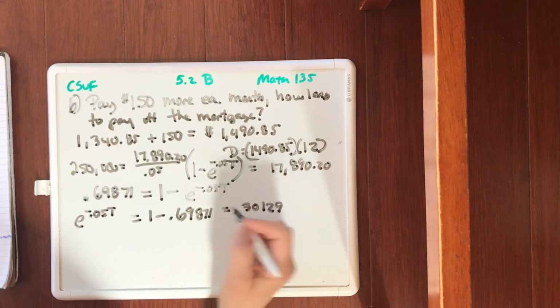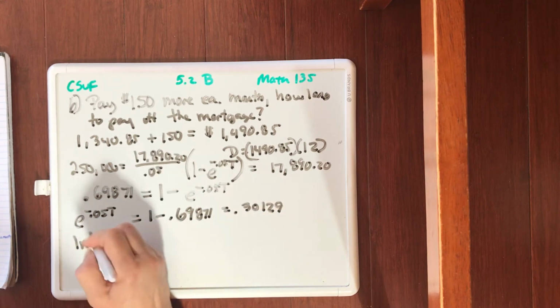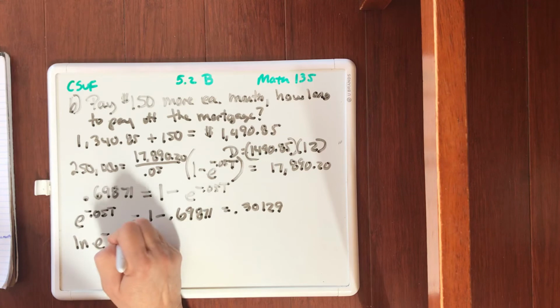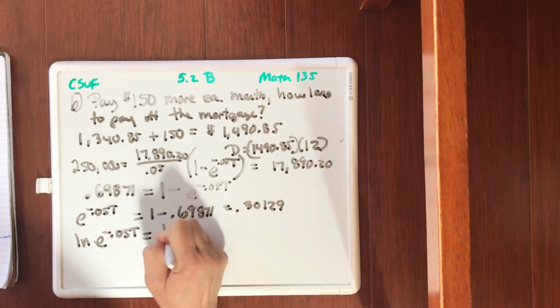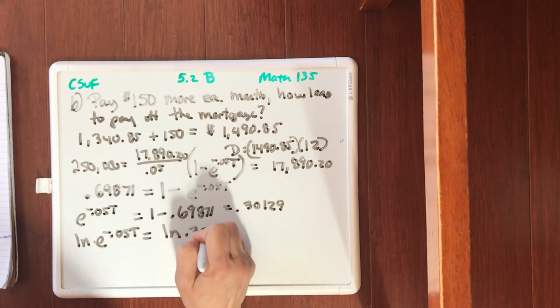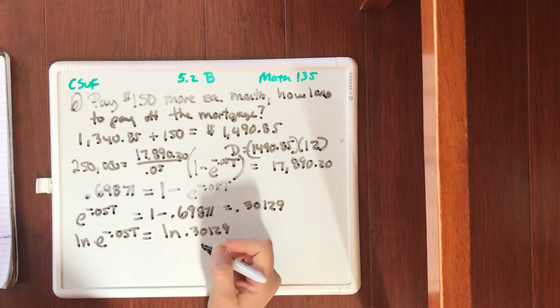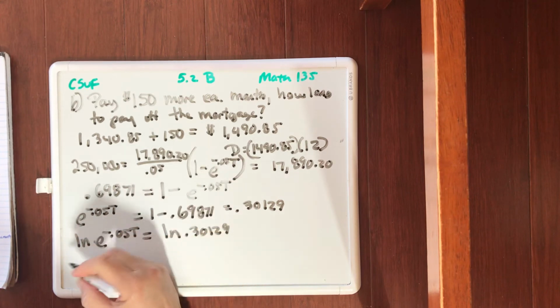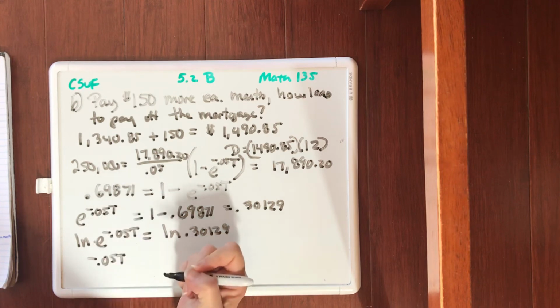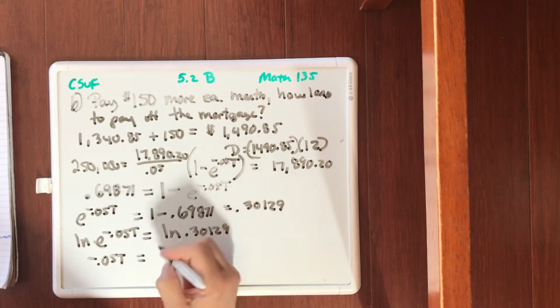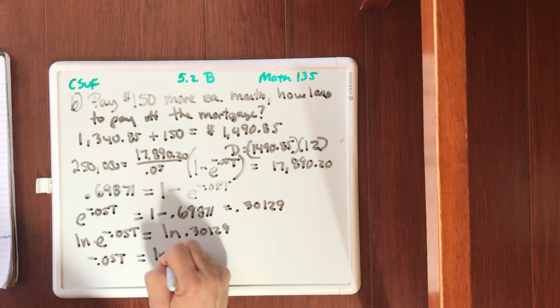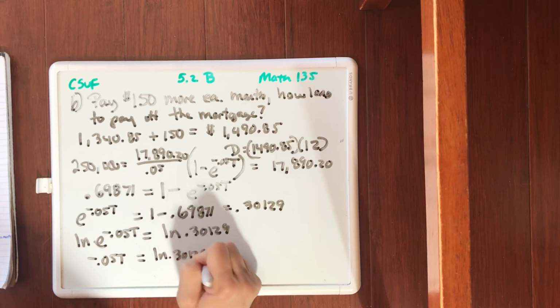0.30129. Solving for e now, we have ln of e to the negative 0.05 t equals ln of 0.30129. Bringing this over, negative 0.05 t, and we know ln e is 1, so we don't even have to write that. And we have ln of 0.30129.